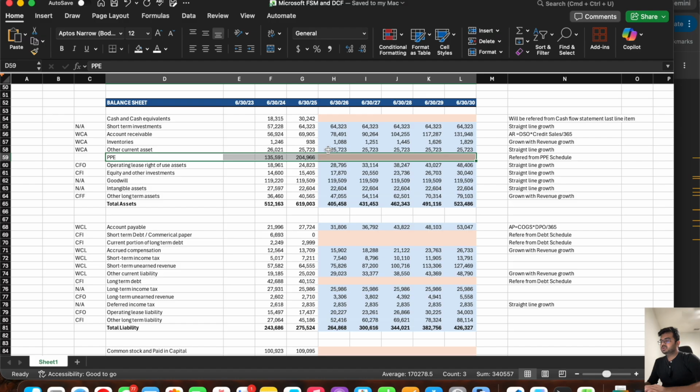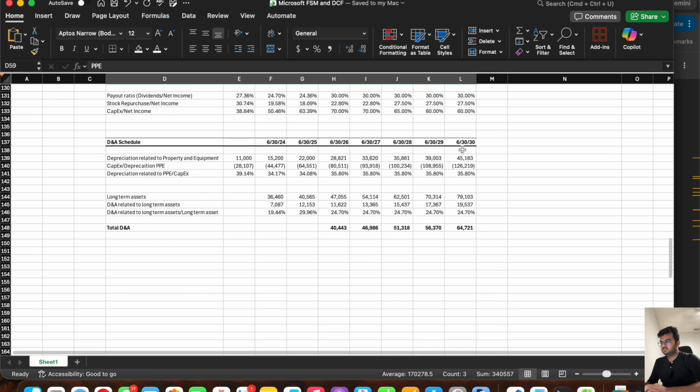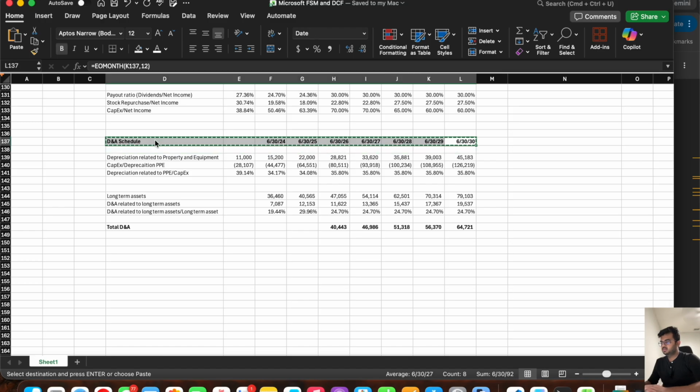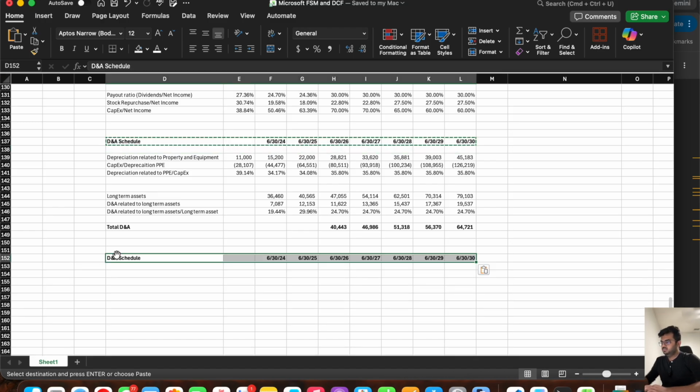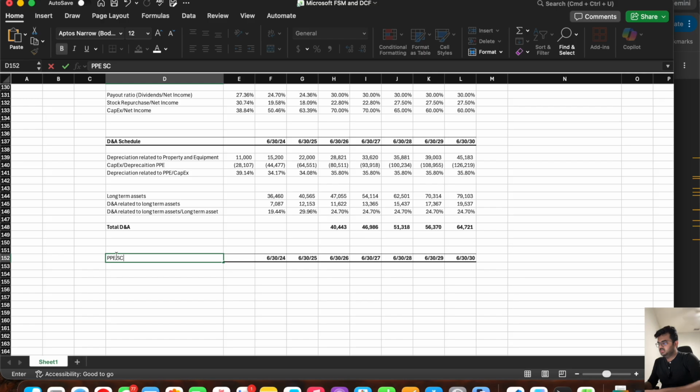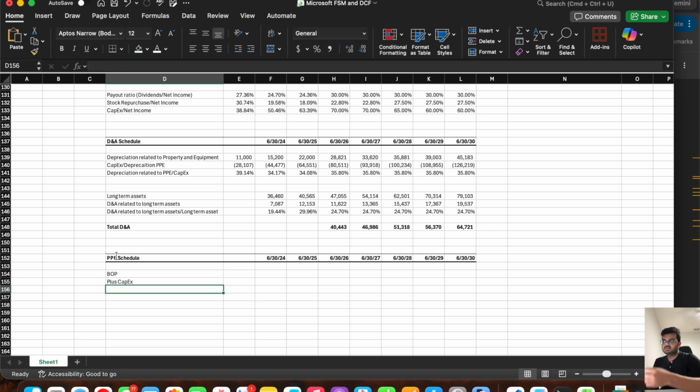How I am going to do the property, plant, equipment? It is simple. I will use the same way. This is PPE schedule. What I need is first beginning of period of property, plant, equipment plus capex, because property, plant, equipment we are going to purchase some, going to invest some amount in the PPE, so that is nothing but capex.